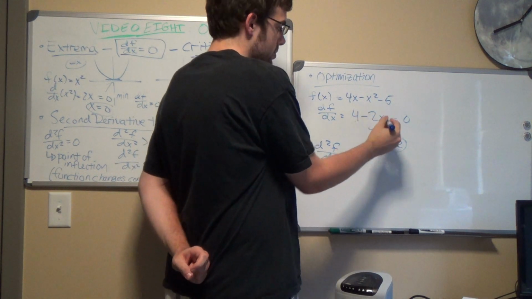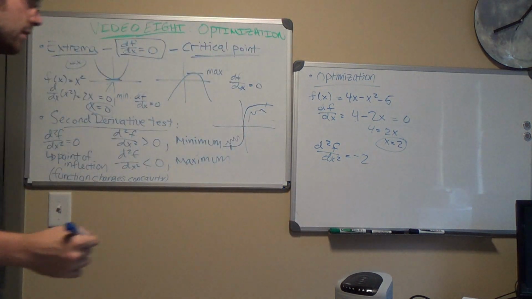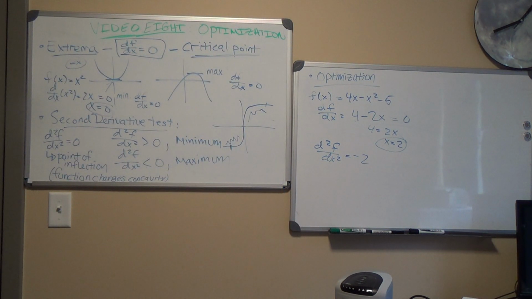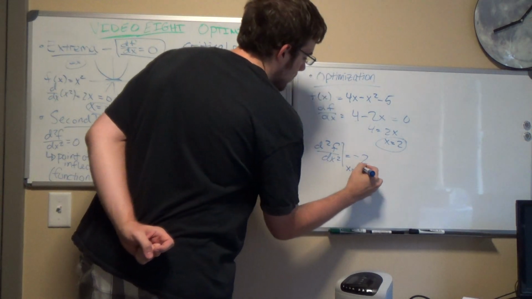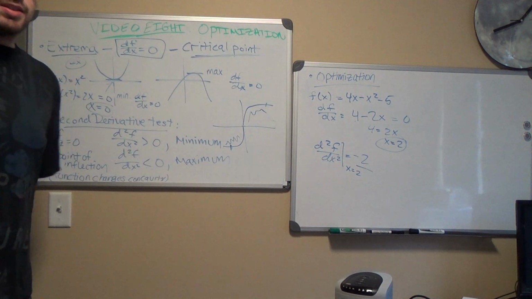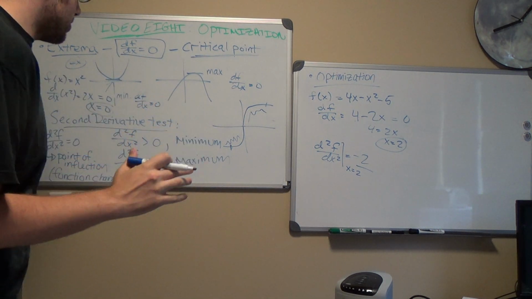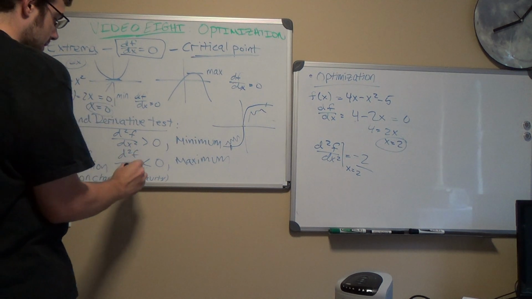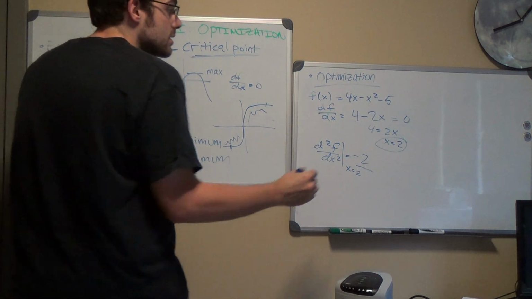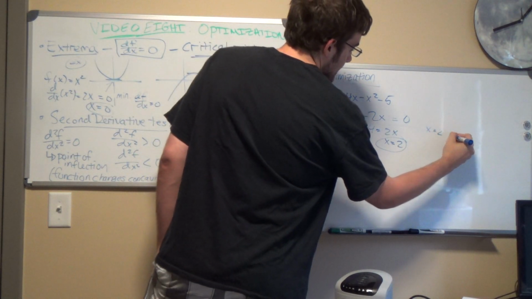The derivative of negative 2x is negative 2. Now we have to find the second derivative at x equals 2, and we can see that the second derivative is just a constant, so it never changes. In this case, the second derivative is negative, so x equals 2 is a maximum.